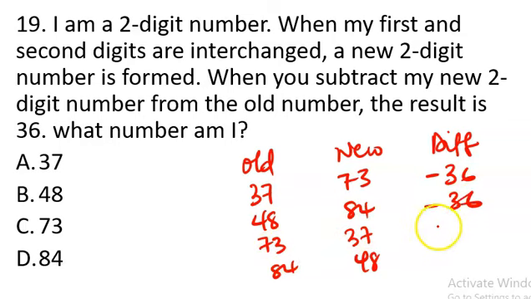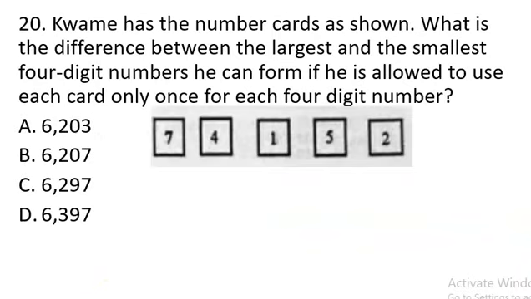But this, you get positive 36: 84 minus 48, positive 36. So looking at the difference being positive, these two answers will fit the description. So it is this one, and then check number 20.